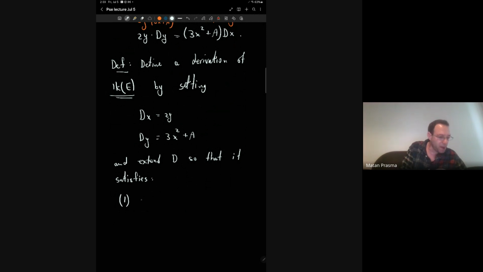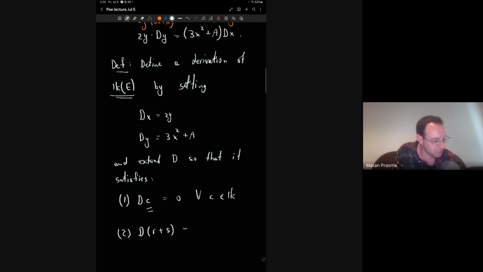One: the derivative of a constant is 0, for any constant in the field. When I write constant here, I mean the constant rational function, right? The second is that the derivative of the sum of two functions is simply the derivative of the first plus the derivative of the second, for any two rational functions.